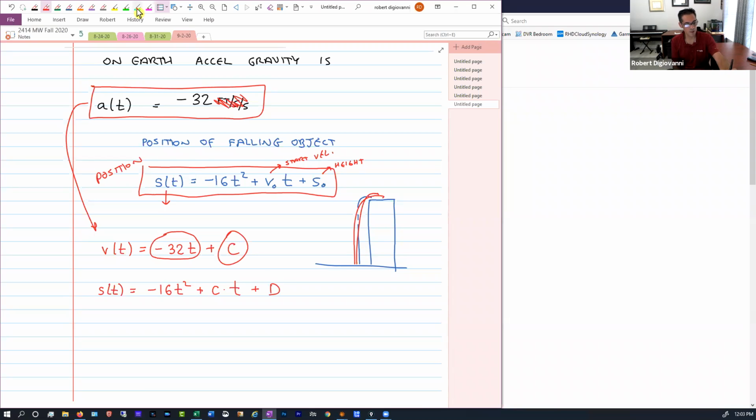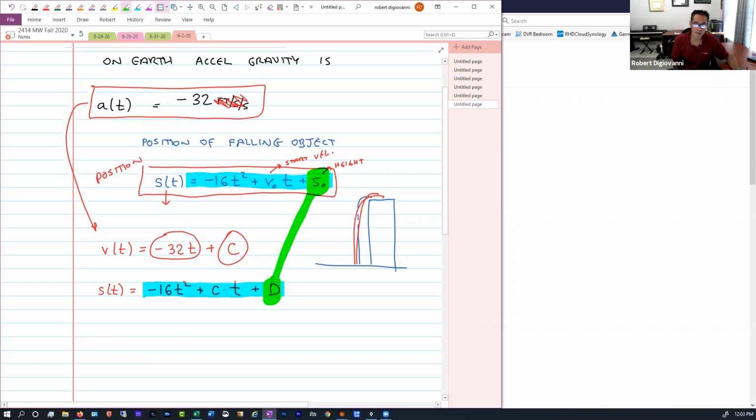Now, do y'all see that this formula and this formula are exactly the same things? Do you see that the S sub 0 is that d? That's our starting height. That's how high the object would be at t equals 0. If you plug in 0 here and 0 here, the only thing left is d.